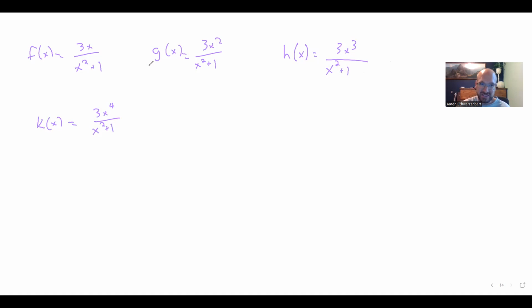Now, all of these are over x squared plus 1. Here's a little hint on that. X squared plus 1 can never equal 0, so none of these are going to have asymptotes.